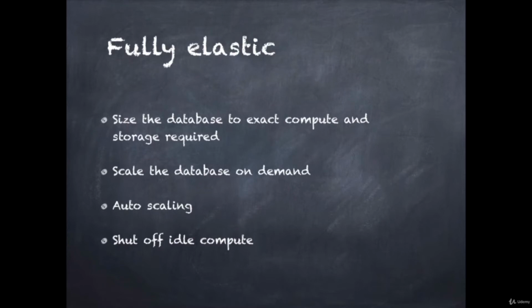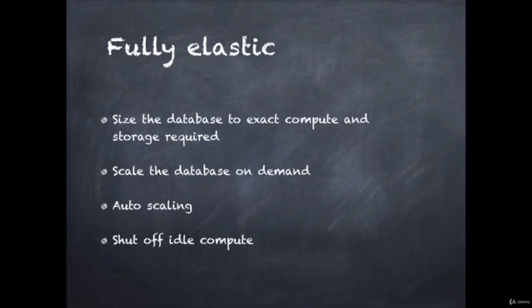Finally, I would like to mention some of the features of the elastic capabilities. This means that when you deploy your autonomous database, you can size the database to the exact compute and storage that you require. There are no constraints about different shapes or how you can spin up the service.